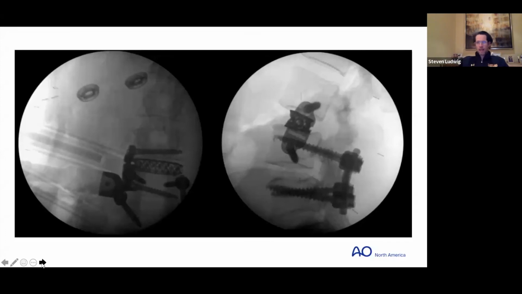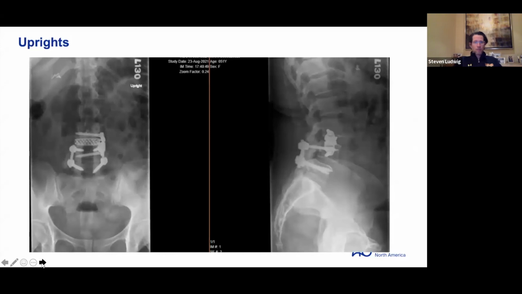Because if you believe that getting a fusion is important, and you believe that stability in order to get a fusion is important, and you want to avoid the morbidity of going in the back and adding on to your posterior fixation, then adding some form of fixation in the place, you chose a plate. Your x-rays look great, right? As a means of achieving your goals, getting the patient out of the hospital as a day-stay procedure, avoiding the blood loss associated with a posterior approach, and the length of stay and the morbidity. I think this really becomes achieving all your goals and a viable option.